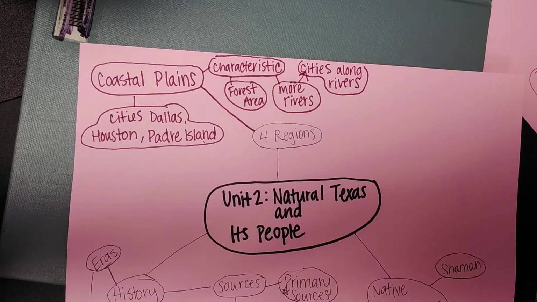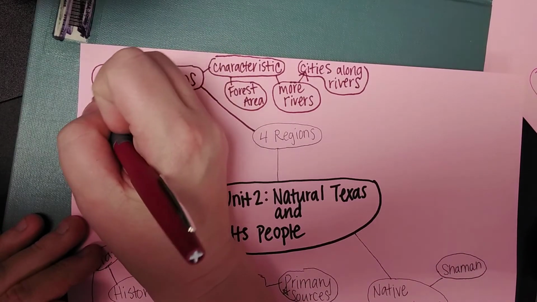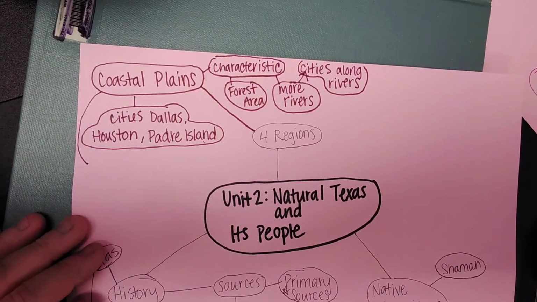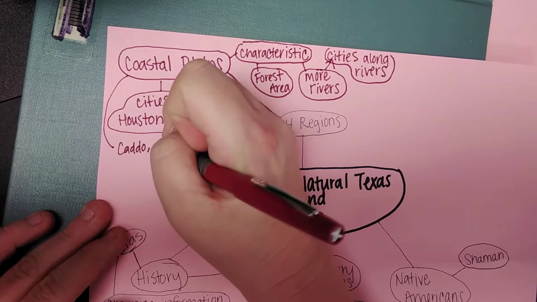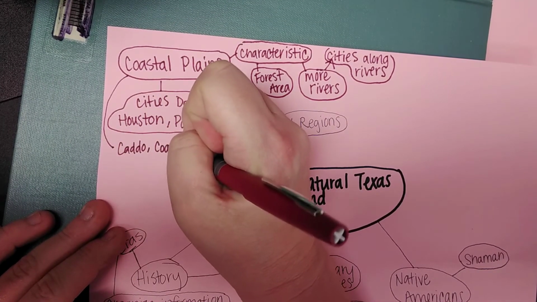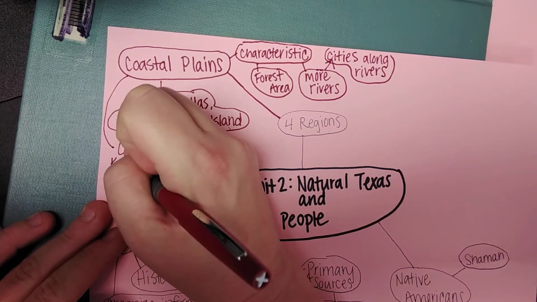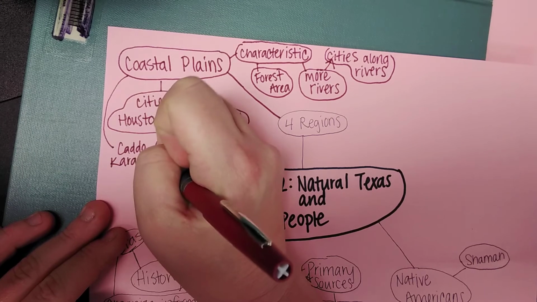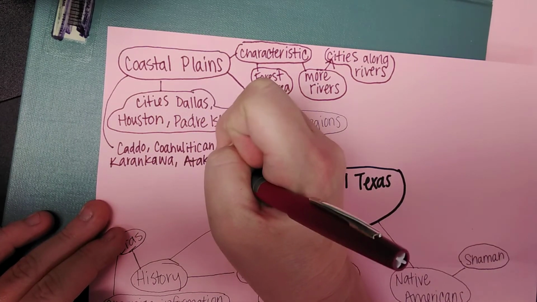Okie doke. Some of our Native Americans that live in the coastal plains are the Caddo, Cohulitican, Karankawa, and the Attakapas.